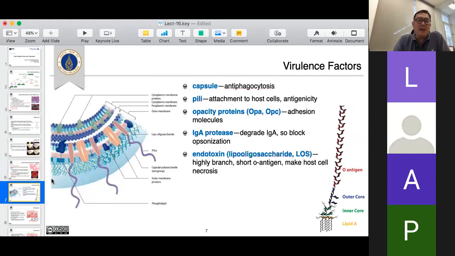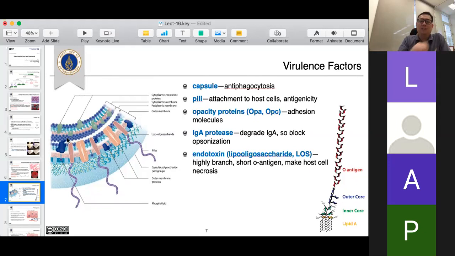The virulence factors of this bacteria are obviously capsule and pili. This is special. Normally, bacteria produce a capsule, but they project pili out of the capsule. So capsule and pili are attached together. Pili help Neisseria attach to the host epithelium cells.